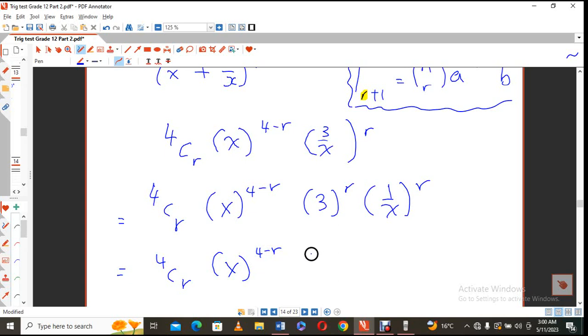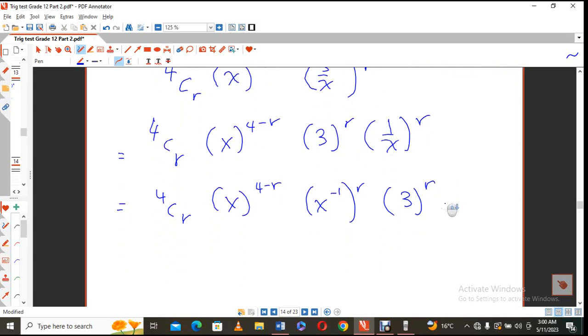Then I will bring this other one. This other one is just going to be x raised to the power of negative r and 3 raised to the r power. So if I clean this up, I'm going to have 4 choose r, then I have x to the 4 minus r, and then I'm going to have x raised to the minus r power and 3 raised to the r.